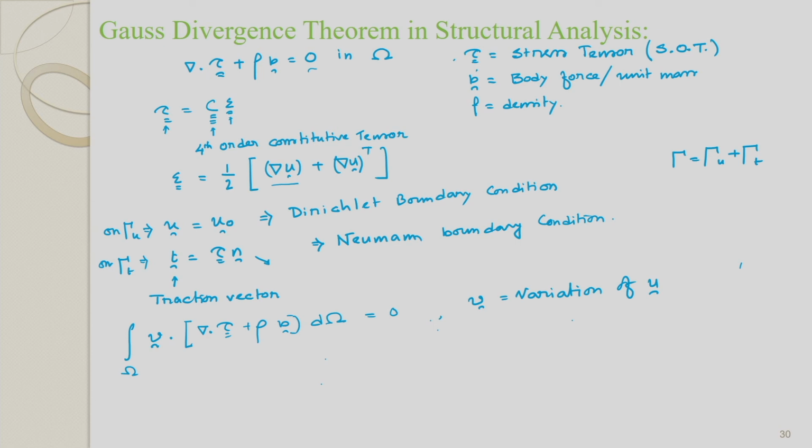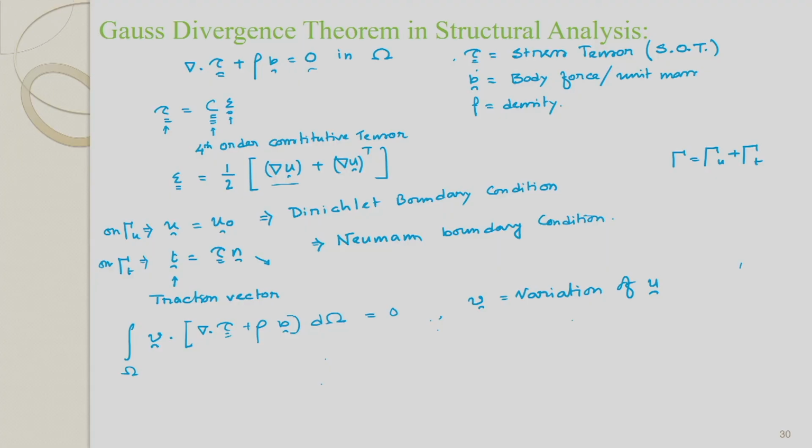Now, we will use indicial notation for further steps. So, we can write V dot as Vi, which can be written using the divergence of second order tensor relation.